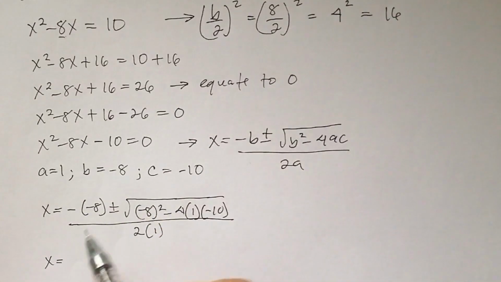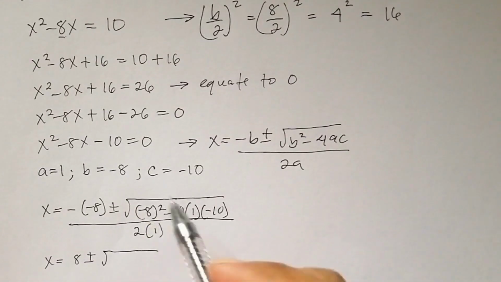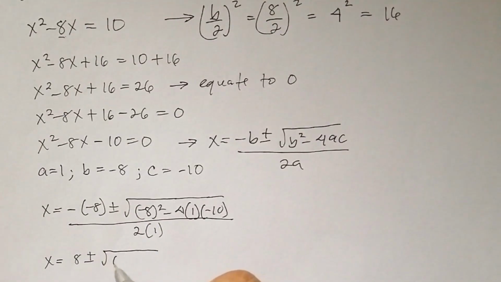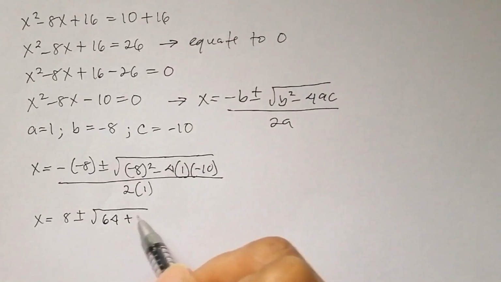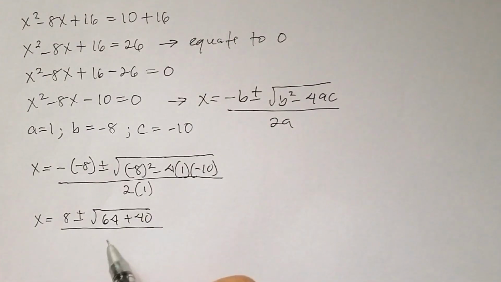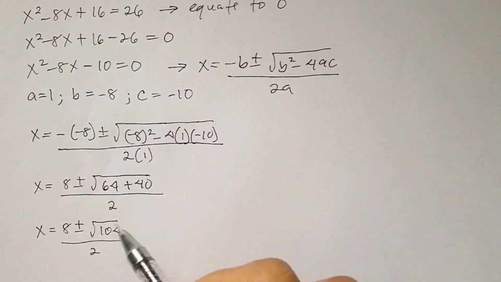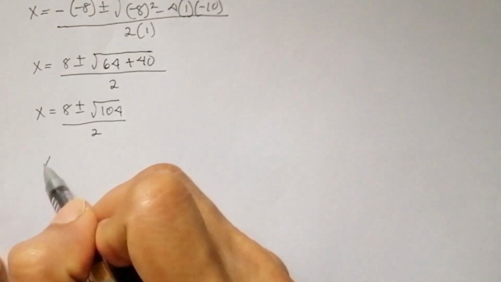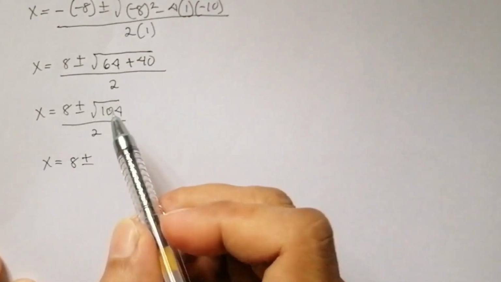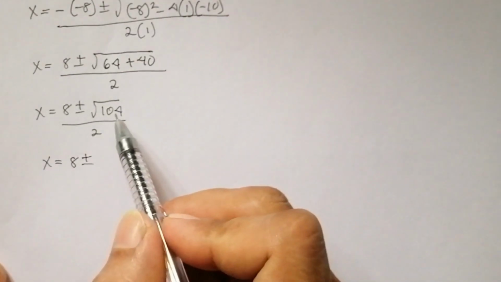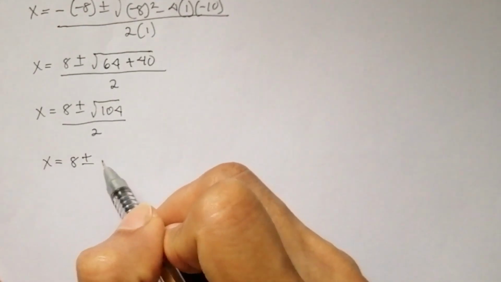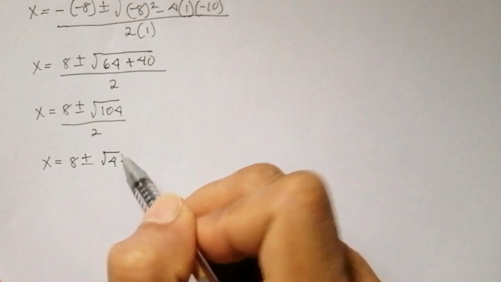Then simplify till we get the value of x. So the square root of 104 is the same as the square root of 4 times the square root of 26.